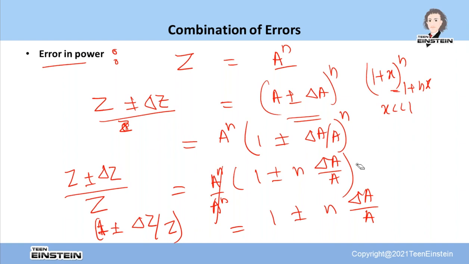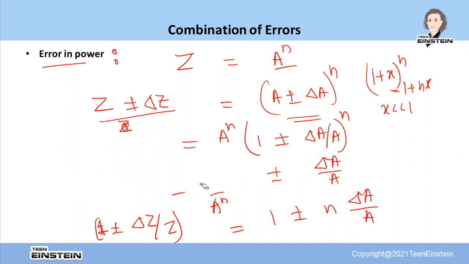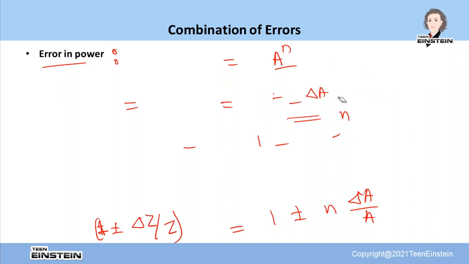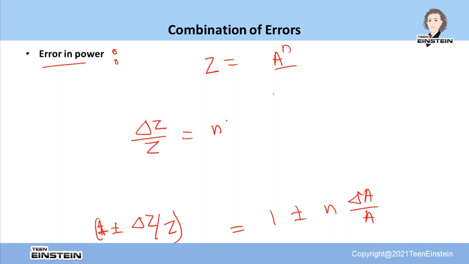So my quantity was z. Look what we have got here. If I just compare from both sides, delta z by z is equal to n times, and I have to take plus to maximize this error.